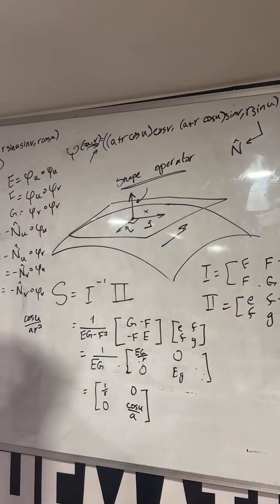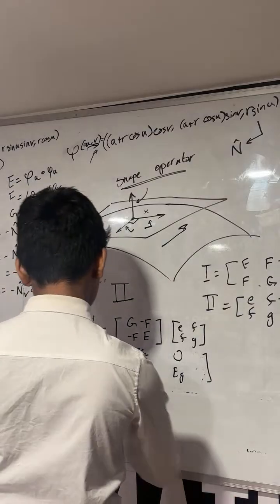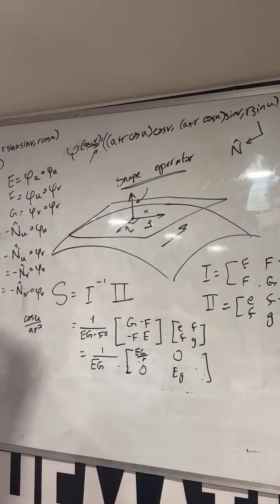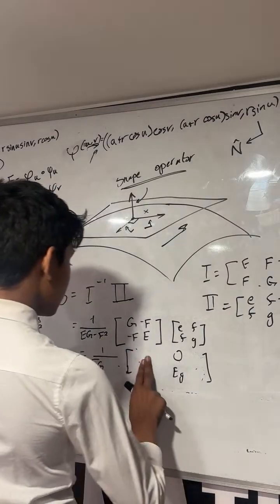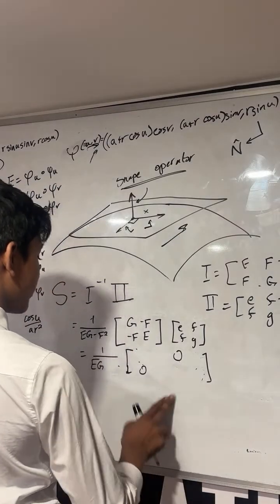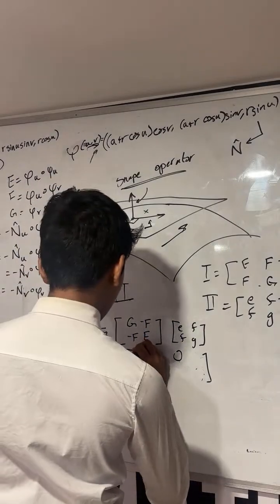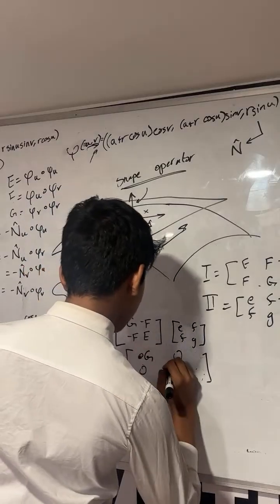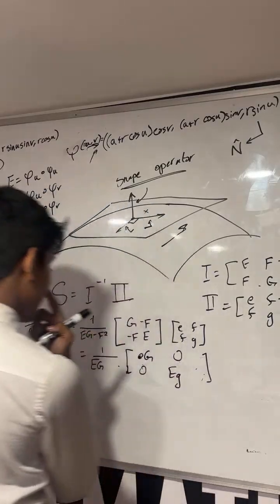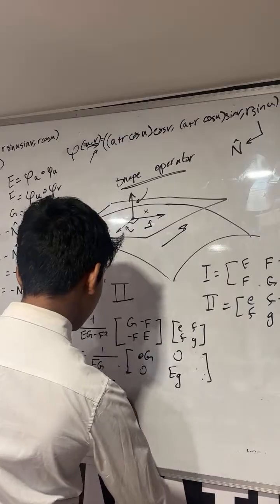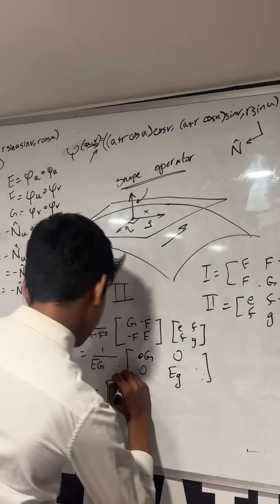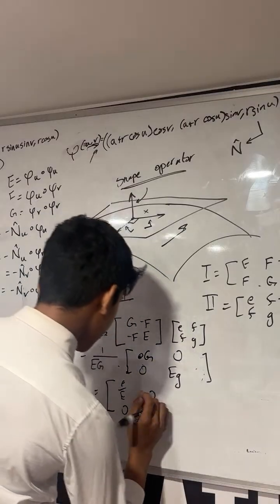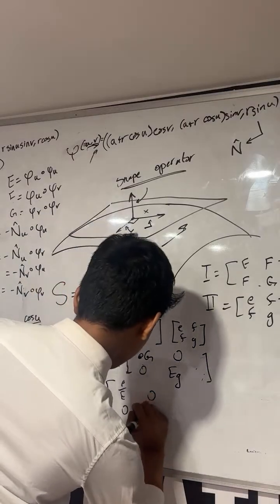So what went wrong? Let's see. Okay, let's go back to the primitive form of these, which was this was eg and this was eg. Okay, good. So this gives e over e, and this is g over g.